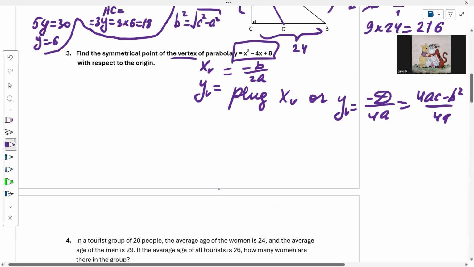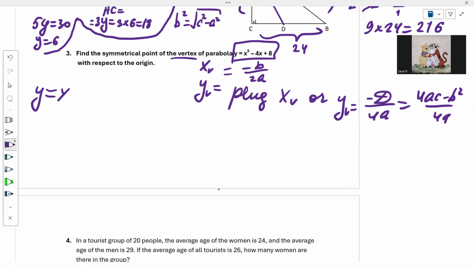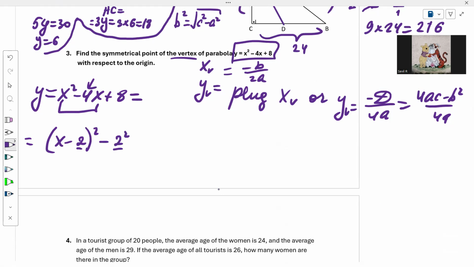What I do is just complete the square formula. Y equals x squared minus 4x plus 8 can be written, as you know from IGCSE, x squared minus 4x, this is our b, yes? We divide by 2, squared, and minus 2 squared. You will just square it separately and plus 8.